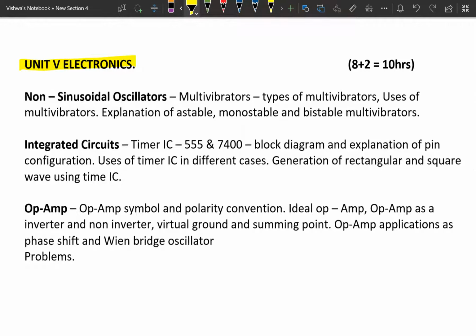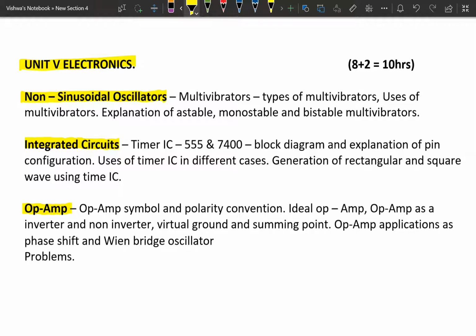This unit has 3 parts. The first part is related to oscillators, only non-sinusoidal oscillators, and the second part is integrated circuits, which we call ICs, and the third part is op-amp. Op-amp means operational amplifiers.